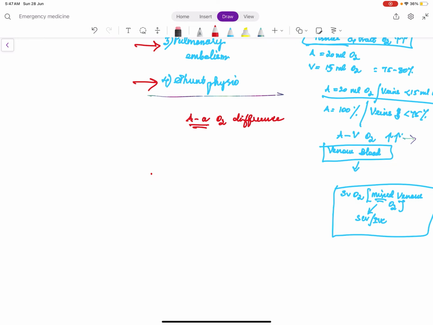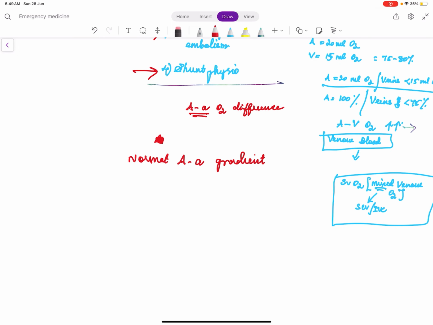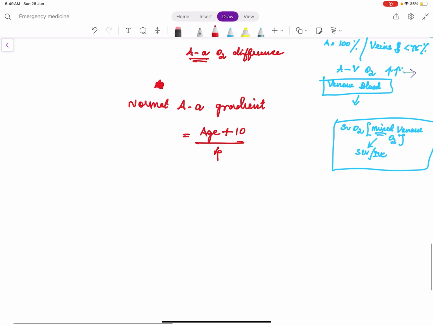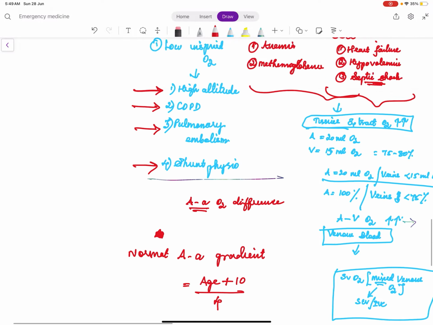Normally there's a formula to calculate the normal A-a gradient. They give just a rough formula, (age + 10) divided by 4. So this is the normal A-a gradient for a person.